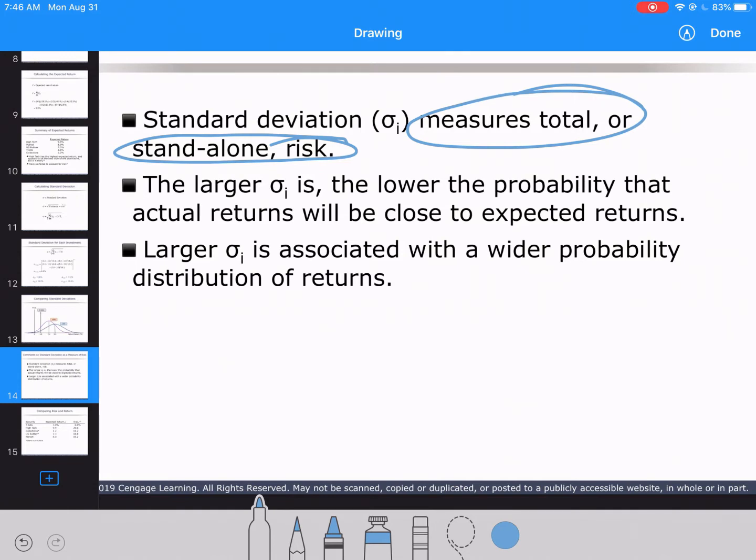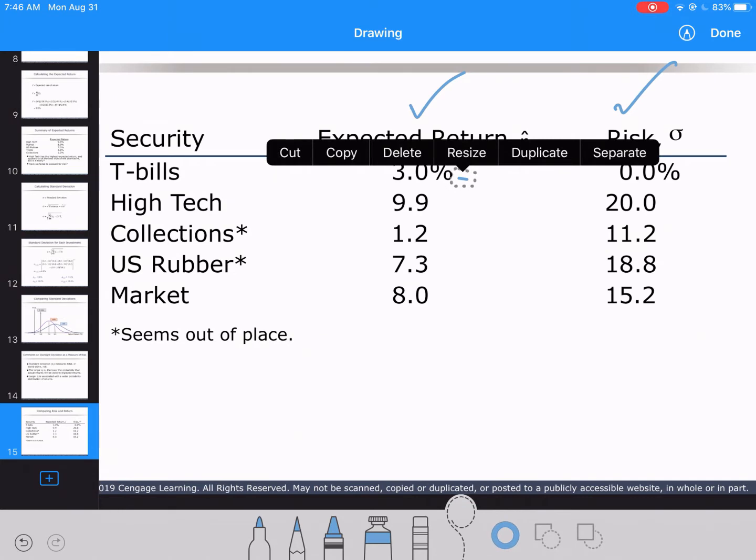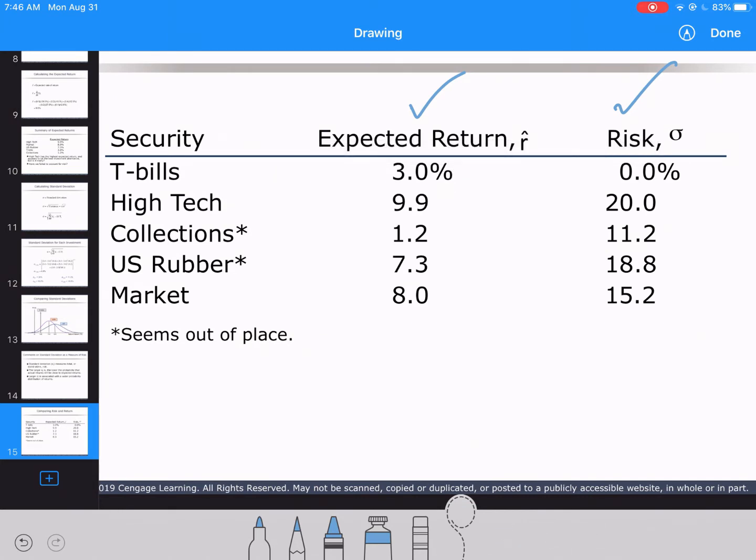Nothing is put alongside. So the larger the sigma, the higher the expected return. Now, you can check two things at the same time. Expected return for many are done here, and then risk is zero, and so on. So it looks like that.